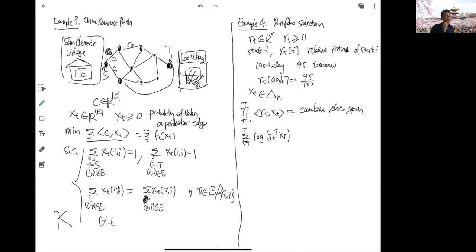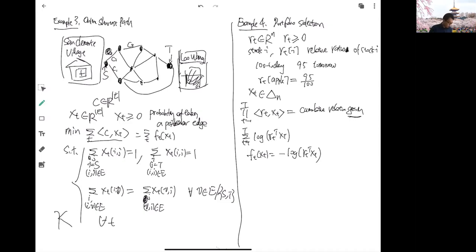I wanted to make sure that I'm not talking into a void, like you guys can really hear me. Okay, good. So log is a concave function. So we have a sequence of concave functions that we want to maximize, right? This is a cumulative gain rather than cumulative losses, right? So we can define ft of xt to be negative log of RT transpose XT, which recovers the online convex optimization setting.